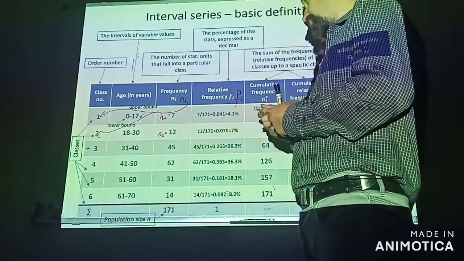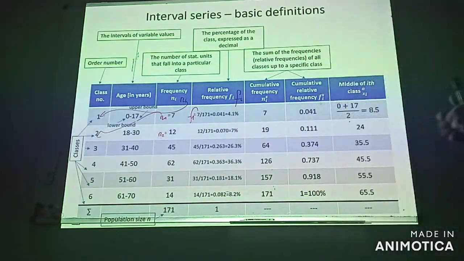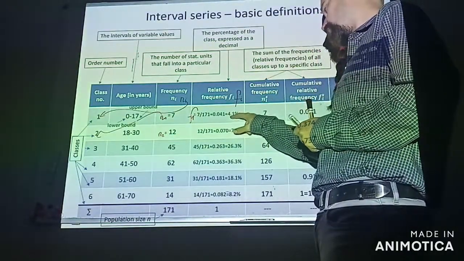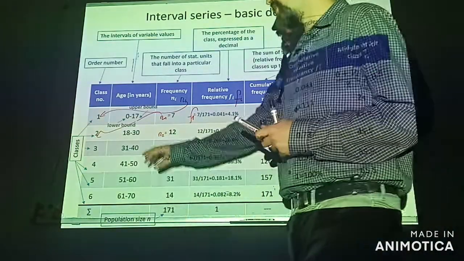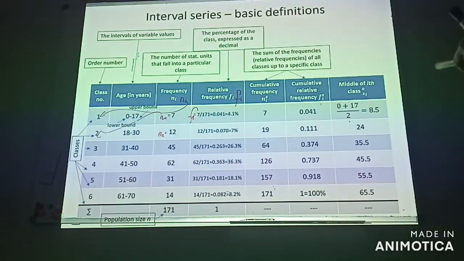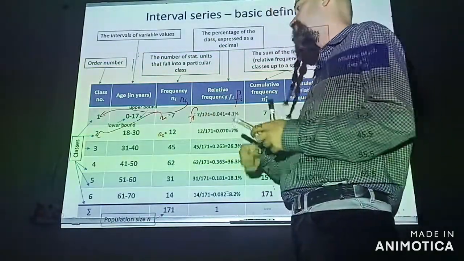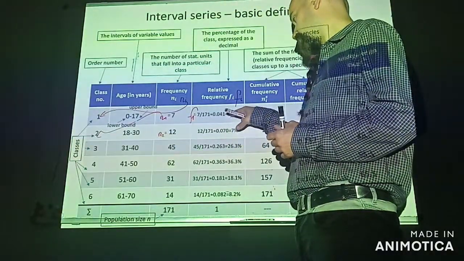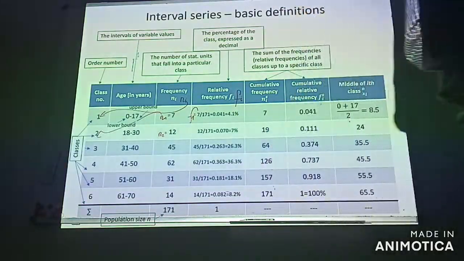In the first row, we have Fi, the first relative frequency. What does it mean? It means that 4.1% of statistical units are characterized by an age from 0 up to 17. So we know that 7 people from the entire population represent 4.1% of the entire population.